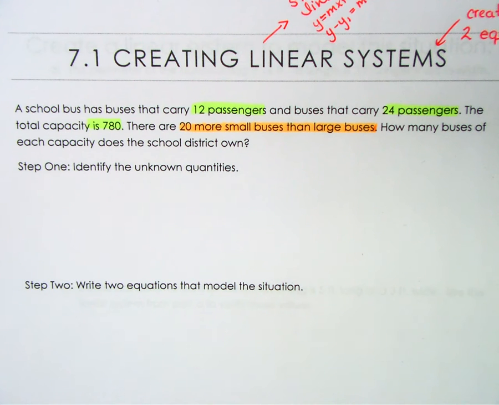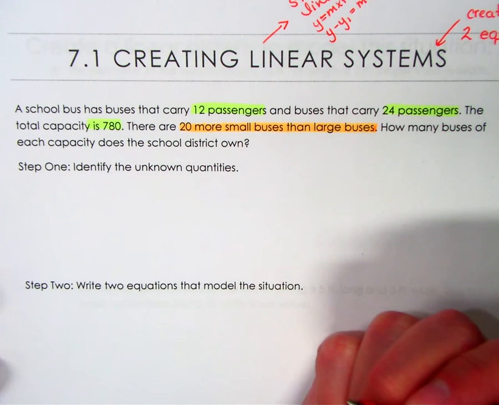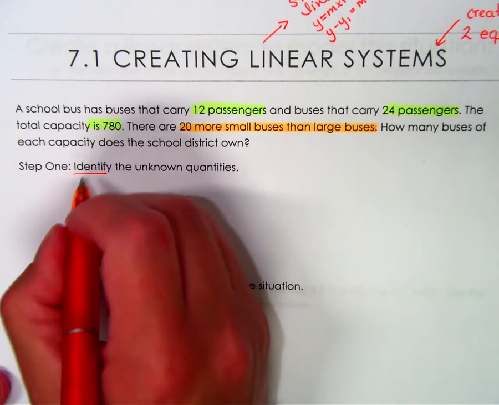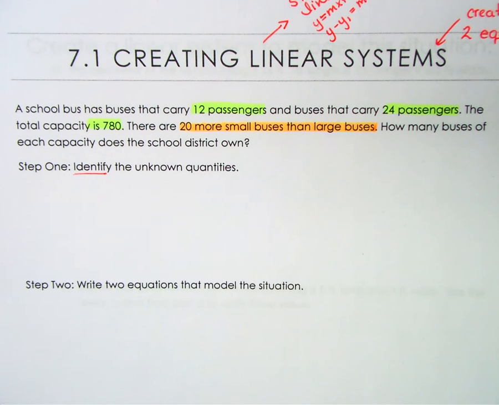Okay, so let's look at the yellow highlighted stuff first. First of all, let's define our variables. So we're going to identify the unknown quantity. So step one, identify. This is going to be name your variables. What are the two things I'm trying to find? I'm trying to find out how many buses of each type I have, right? That's the whole purpose of this question.